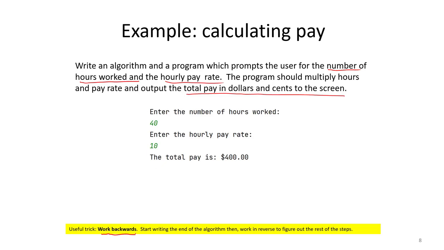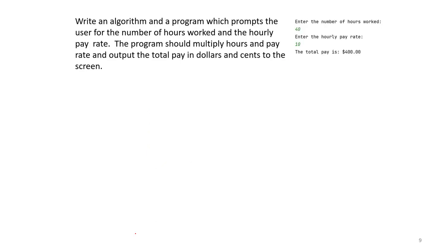And I'm going to try using that strategy of working backwards. Okay, well, we know what our end result must be, right? We know at the very end of our program, we need to output the total pay to the screen. So I'm going to write that at the bottom. And we want that in dollars and cents.